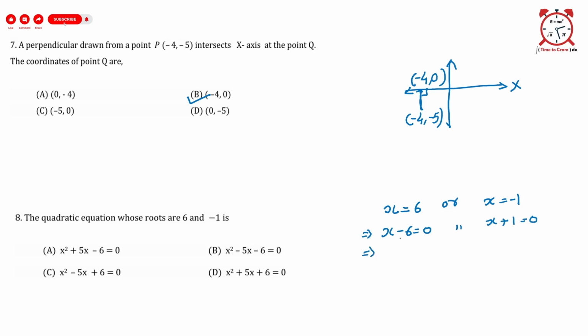So therefore, the product of them, x minus 6 and x plus 1 equal to 0. Let us apply the distributive property here. So x into the bracket x plus 1 minus 6 into the bracket x plus 1 equal to 0. And if we simplify, then we will get the answer here, x square minus 5x minus 6 equal to 0.